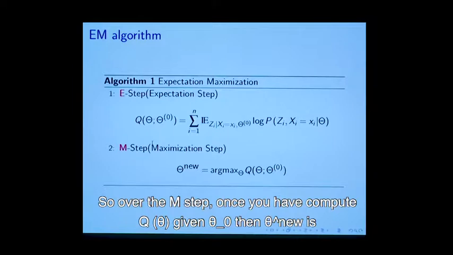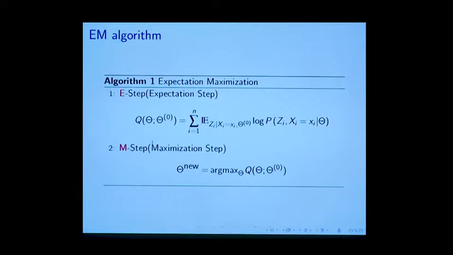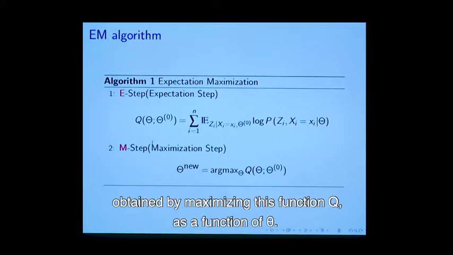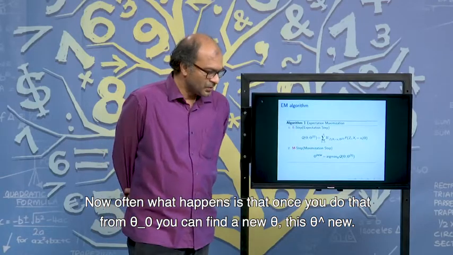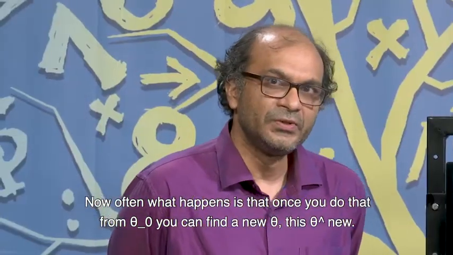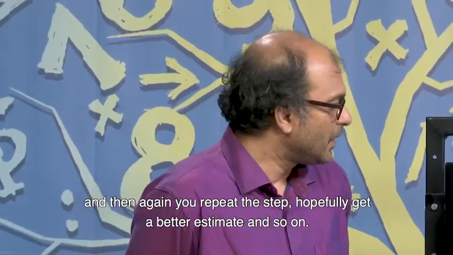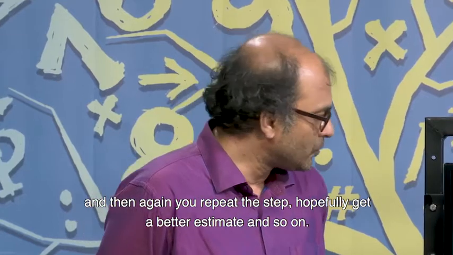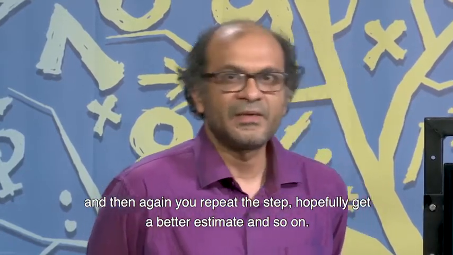So that is the E step. Over the M step, once you have computed Q of theta given theta 0, then theta new is obtained by maximizing this function Q as a function of theta. Once you do that from theta 0, you can find a new theta, that is theta new, and then from theta new you again repeat this step, hopefully get a better estimate, and so on.